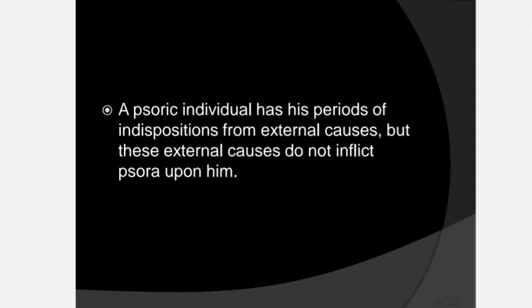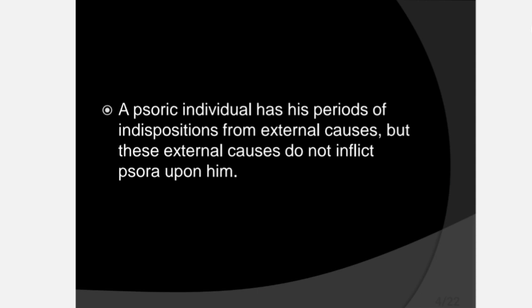Psora corresponds to a state of an individual, a state where we have disordered our economy. Disordered our economy means having bad eating habits, a bad sleeping schedule, living a bad lifestyle. We have disordered our economy so much that we are susceptible to a little influence, an environmental influence.